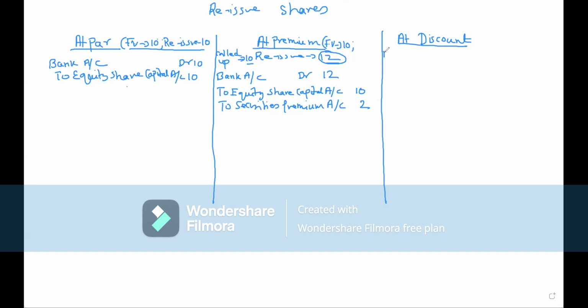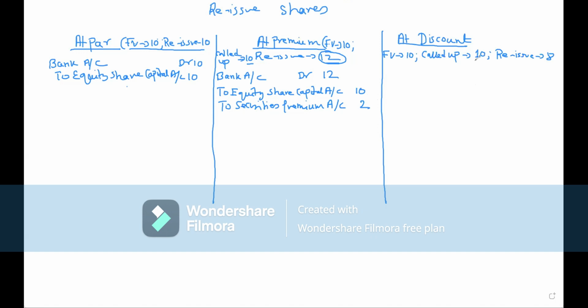Suppose the face value of the share is 10. Your called up value is also 10. And you are reissuing them at 8.